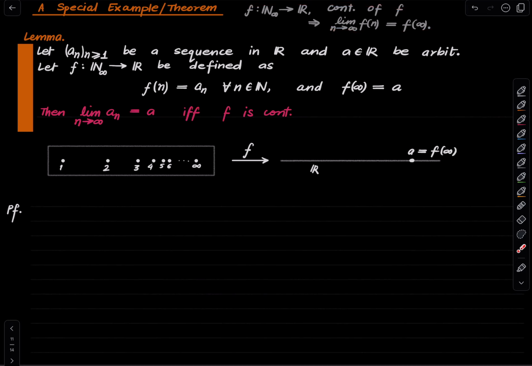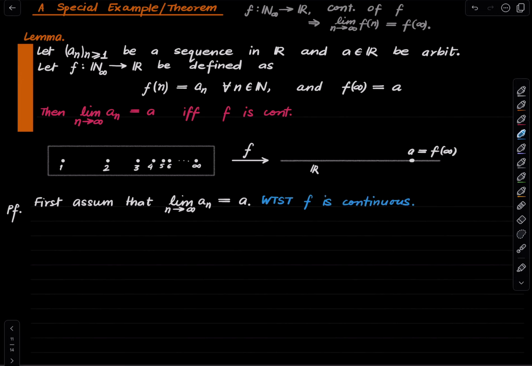Okay, so let's now prove it. Again, it's just a matter of unraveling definitions, but since we need to do both sides, it will appear like a long proof, but the proof is not complicated. So first assume that the sequence converges to the point A, and we want to show that f is continuous.